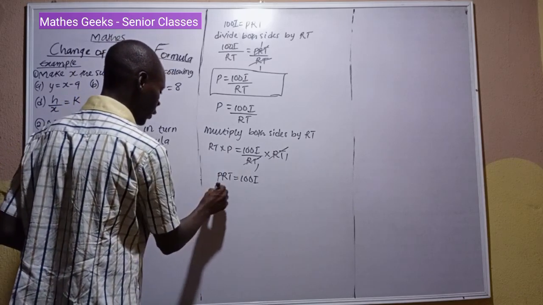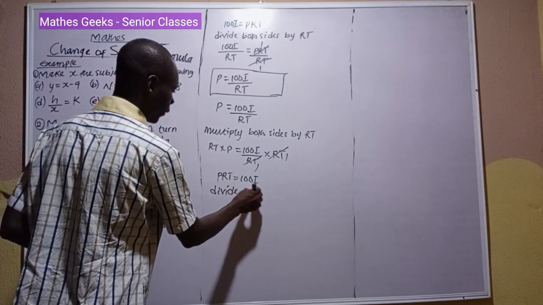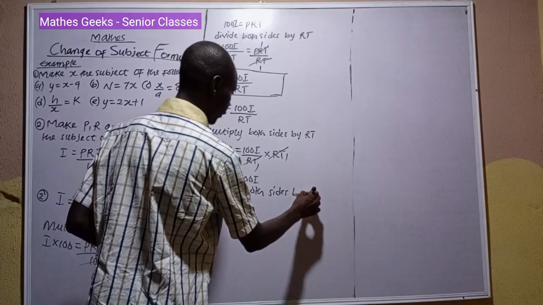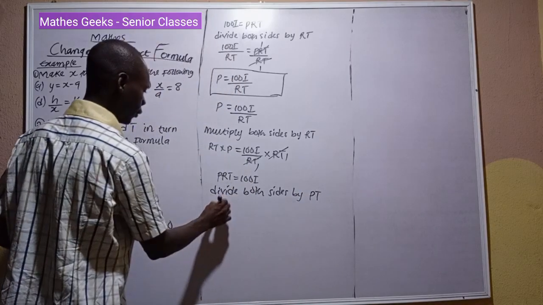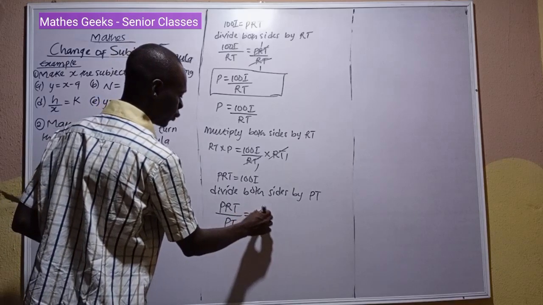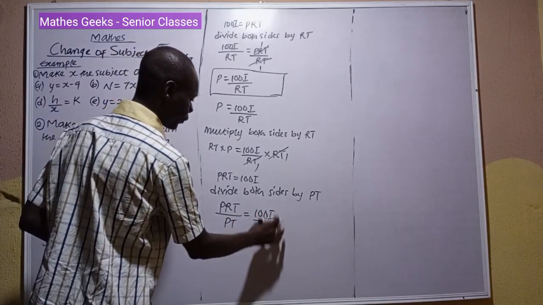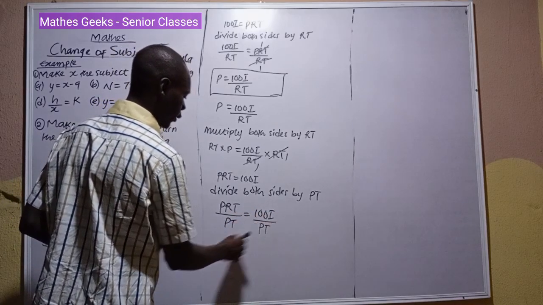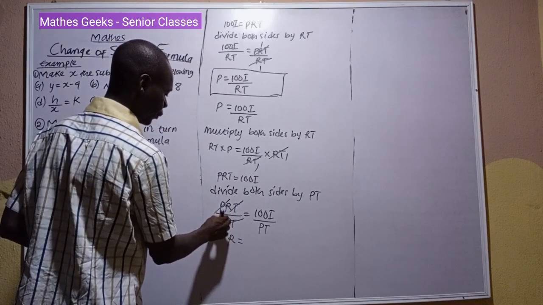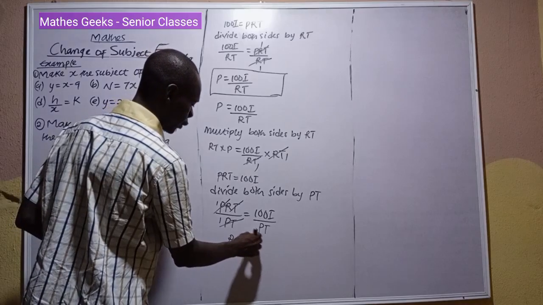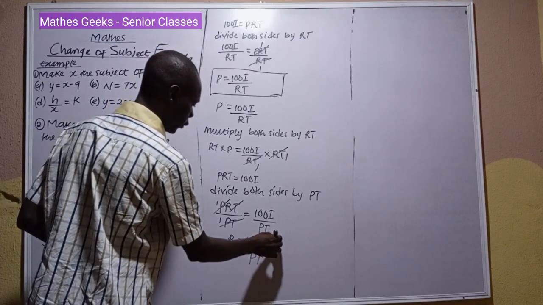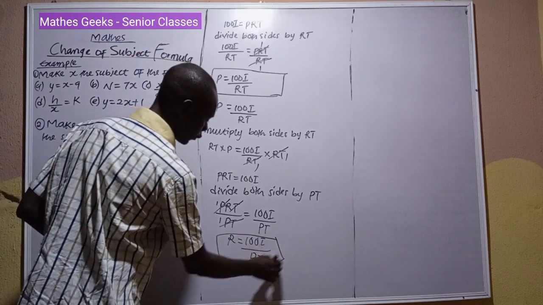So we're going to divide both sides by PT. So PRT over PT equals 100I over PT. So cancel. So R equals 100I over PT. This is the formula for rate.